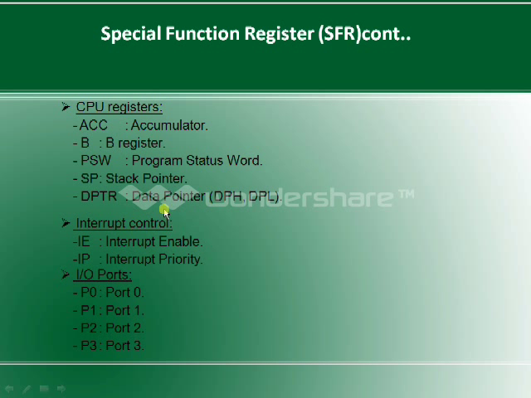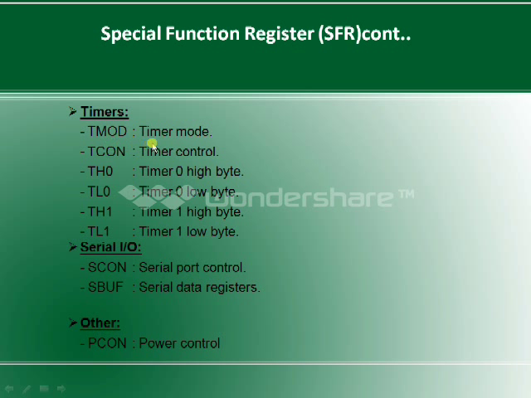Interrupt control registers are interrupt enable and interrupt priority. Input output ports are port 0, port 1, port 2, and port 3. Timer registers are TMOD, TCON, TH0, TL0, TH1, and TL1. Serial input output are SCON and SBUF, which are the serial port control and serial data registers. And the other register is the power control register.